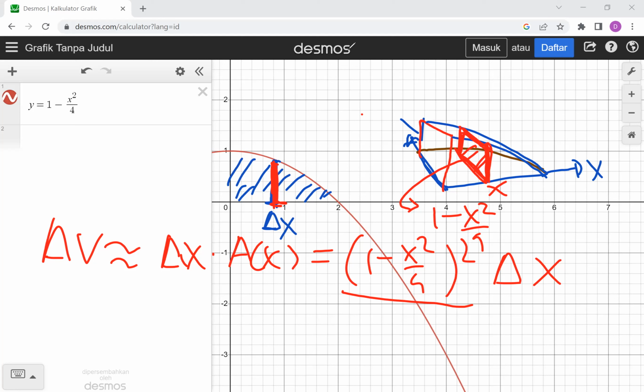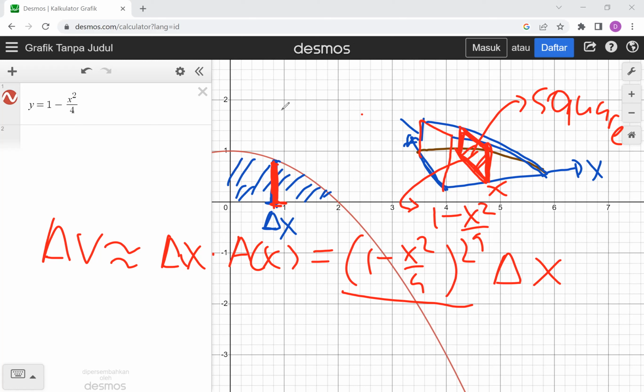Is this the area of the semicircle? Which one is a semicircle? Oh, sorry, the quarter of the circle. The area of the square. This is a square, and its side length is 1 minus x squared over 4.